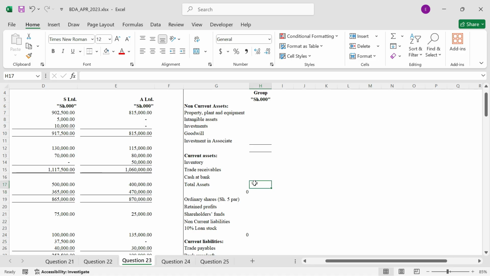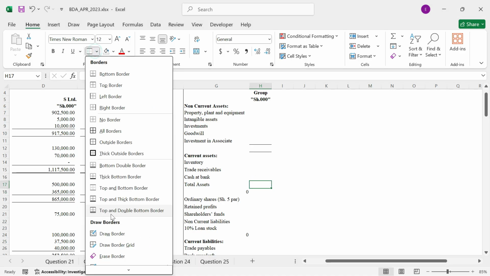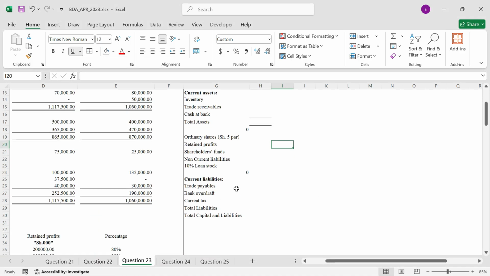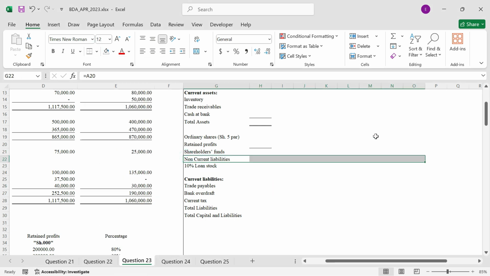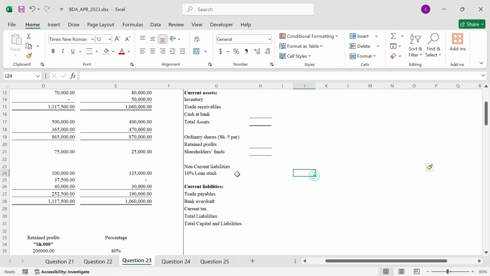This will be the same from this. This will also remain the same, and I implement some formatting.